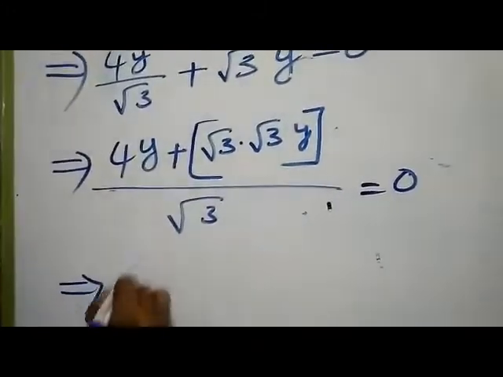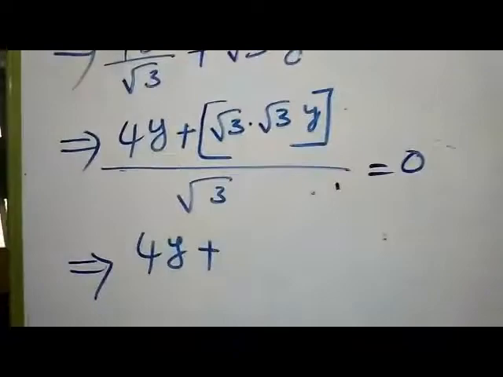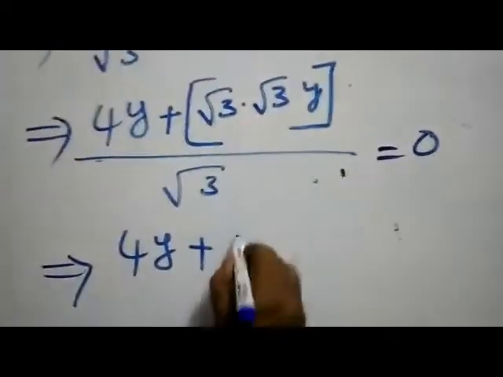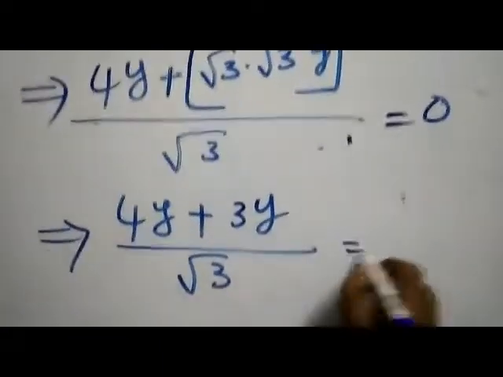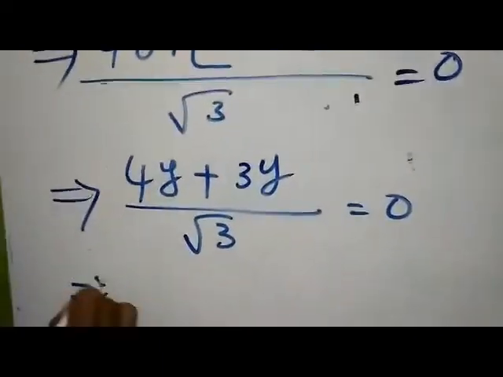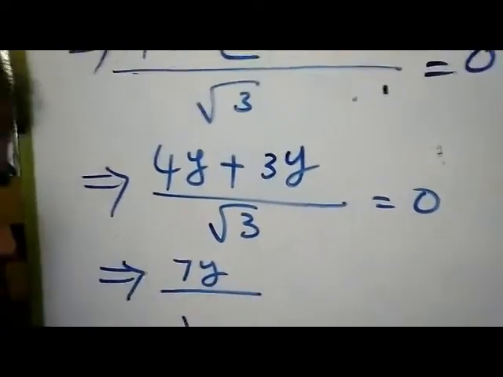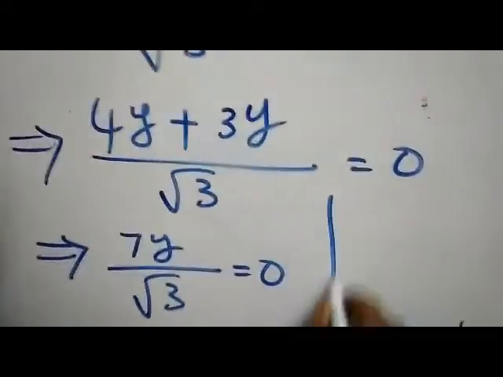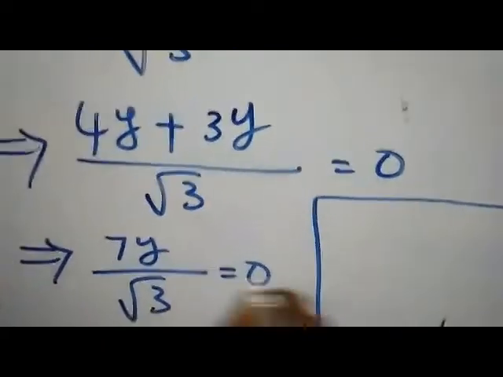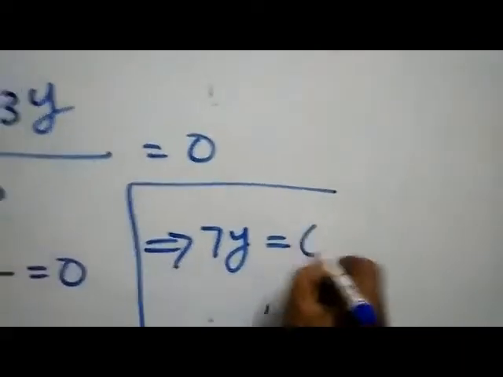Now that implies 4y plus root 3 into root 3 is equal to 3. 3y by root 3 is equal to 0. Now 4y plus 3y is equal to 7y, so 7y by root 3 is equal to 0. Now that implies 7y is equal to 0.